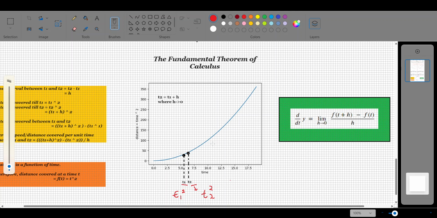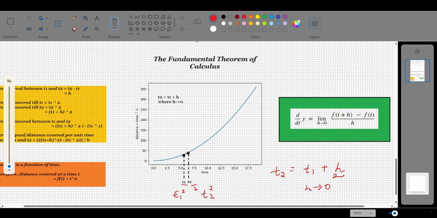Now, the relation between t1 and t2 is this, that t2 is just a very small amount away from t1. So we have really decreased the time interval to maybe a millisecond or a nanosecond. So you could say that t2 is equal to t1 plus a very small number which we'll represent by h. And we could say that h tends to 0, or its limit tends to 0.